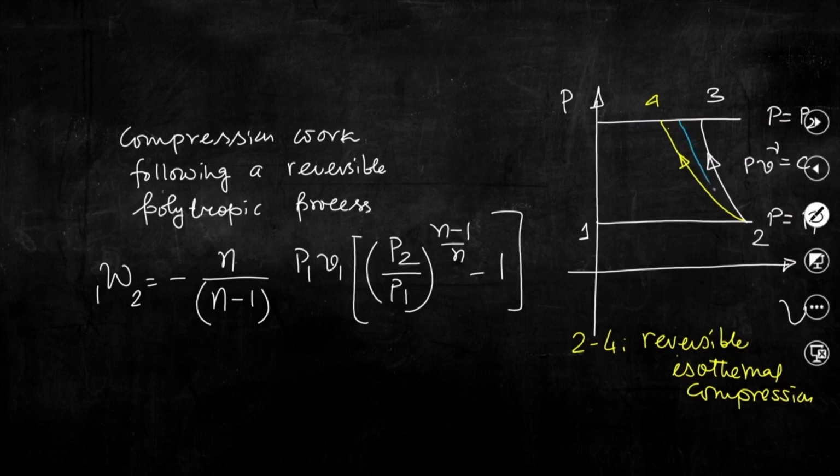Reversible polytropic process is in between these two, and so this is 3 prime. So, 2 to 3 prime is reversible polytropic compression.